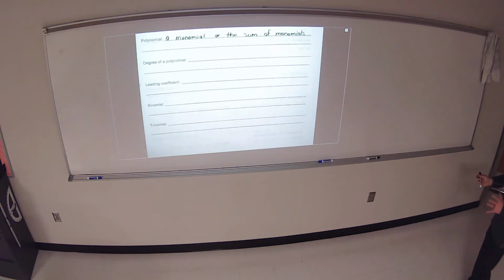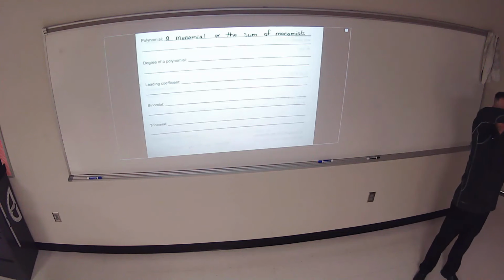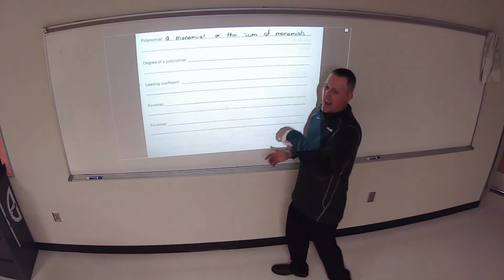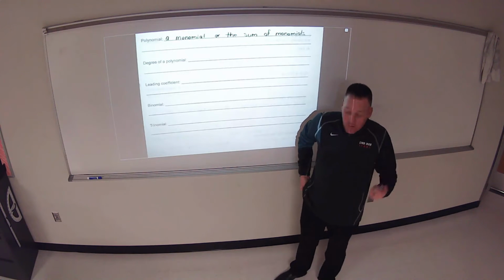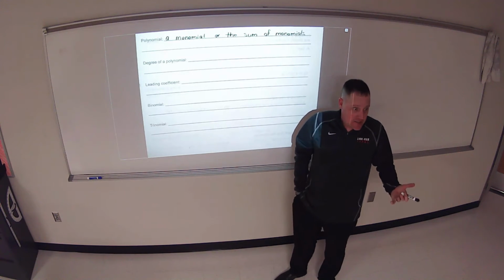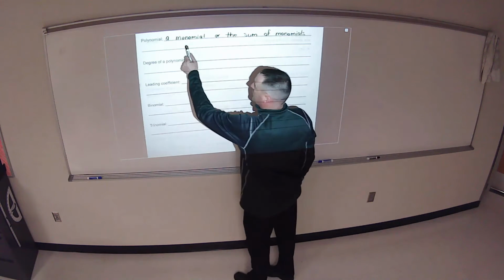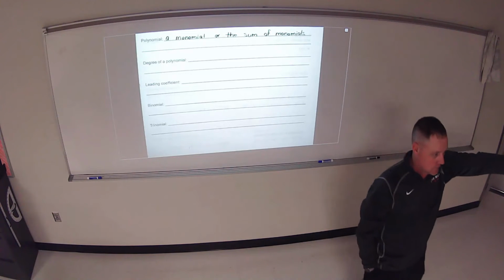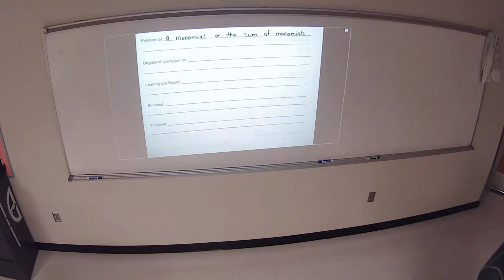Here's what I want you to think about. A polynomial is the big grouping name, and then you have subgroups below those, okay? So a polynomial is any polynomial. I mean, there's no other way to say that, okay? And it would include a monomial, which means that it's got exactly 1 term. But you also might have something that's got 2 terms.